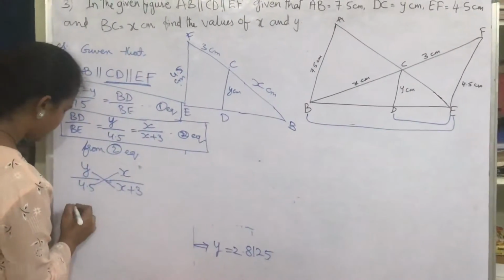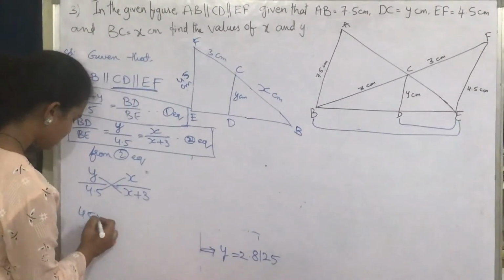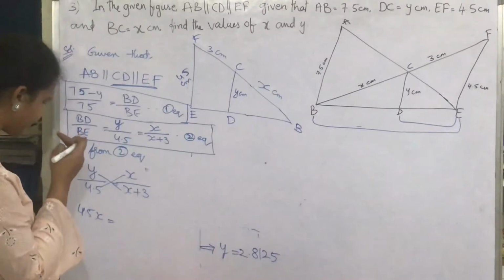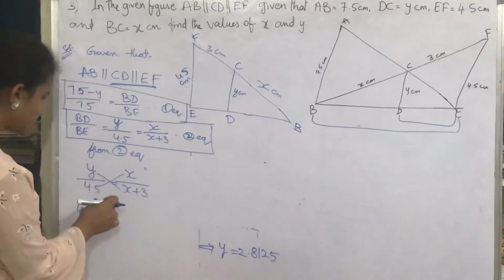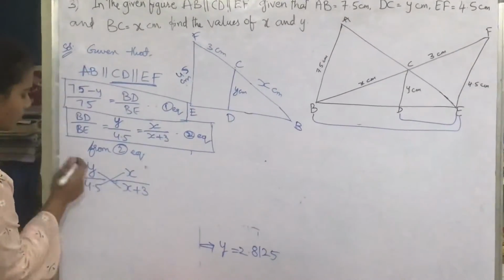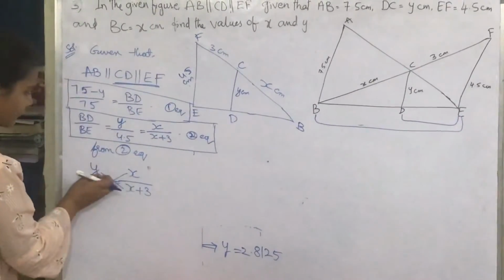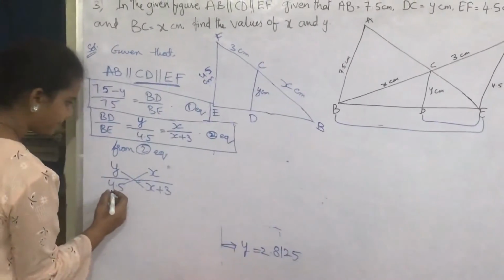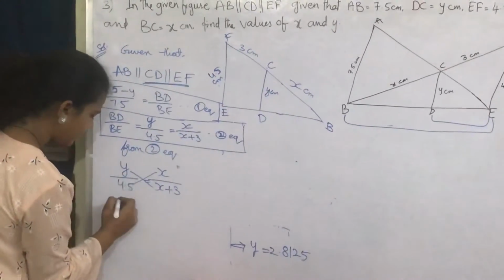I can say that 4.5x equals to x into... Let me write down: before cross multiplication, where we got the y value, y equals 2.8125, so here the y value is 2.8.